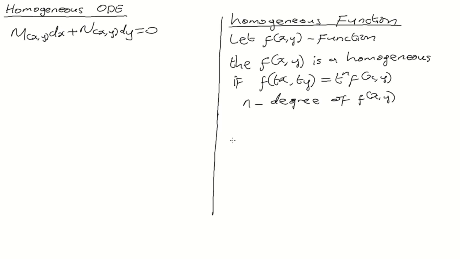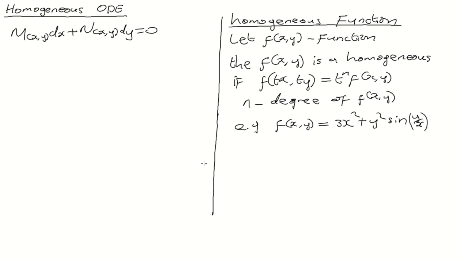Maybe if I can give you just one example. Let us have a function here, f of x, y is equal to, say, 3x squared plus y squared, sine y over x.